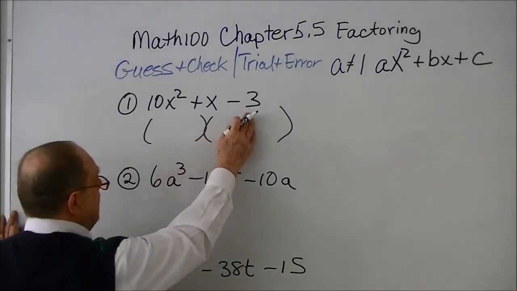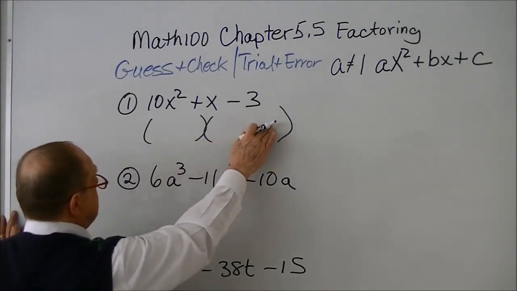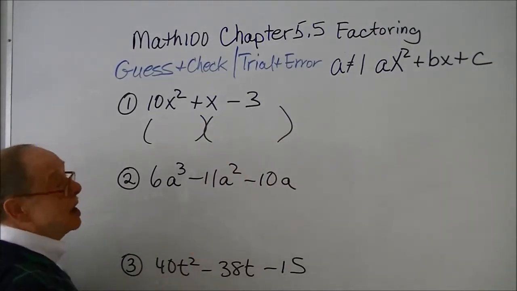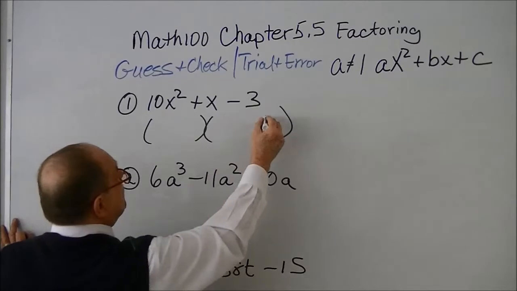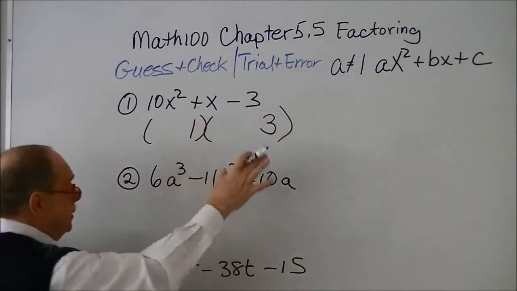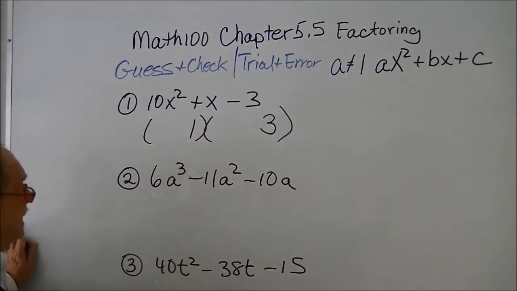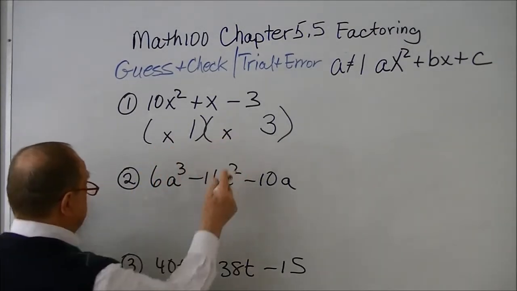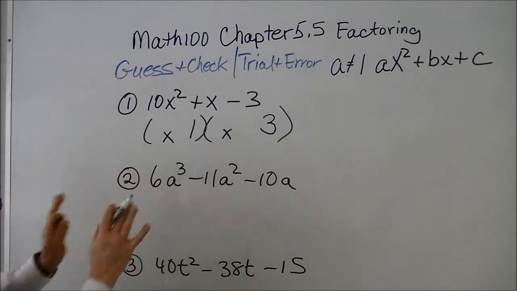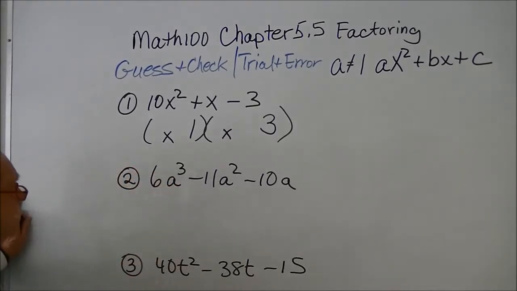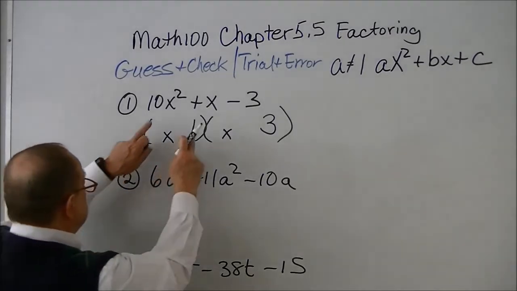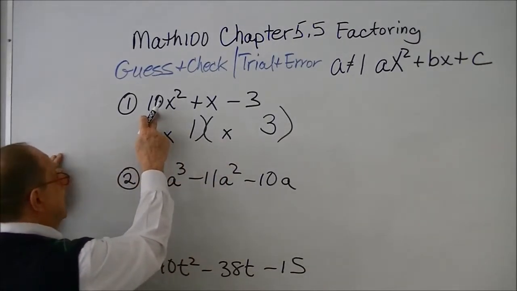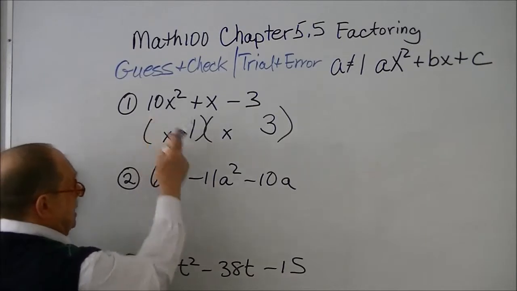So when I look at my last term, I see a 3 there. Now, an interesting thing about the 3 is it's prime. So I can put the 3 and the 1 right there. And I can put an x there and an x there. That was just all doing what we've been doing. But now what we have to determine here is which factors of 10 am I going to use?